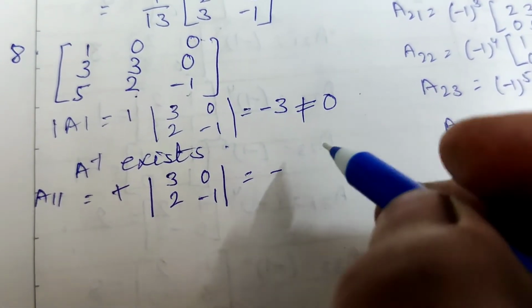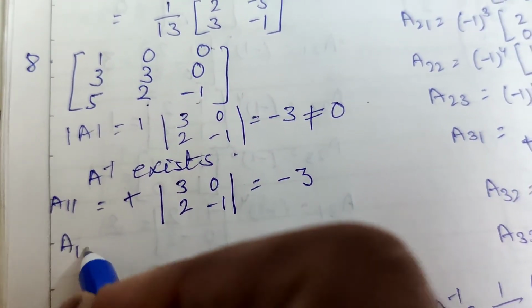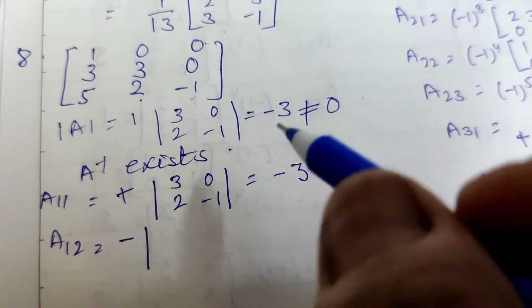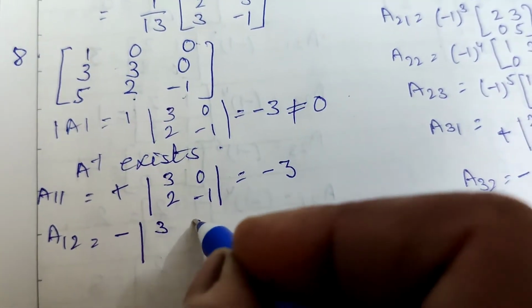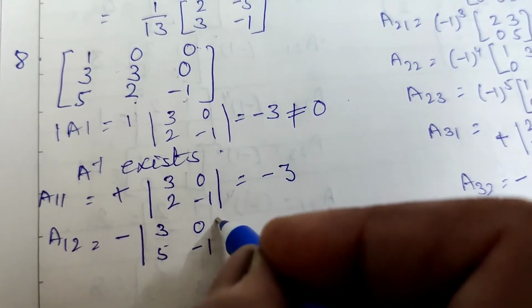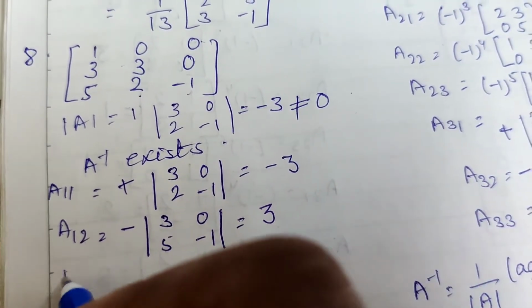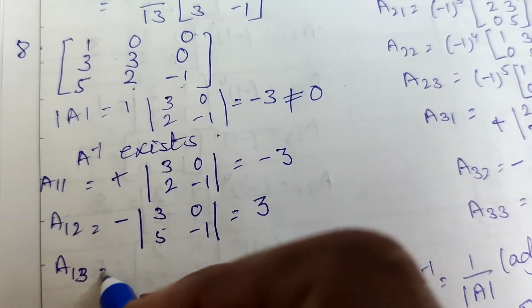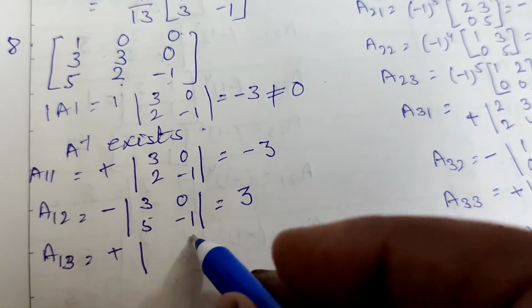It is minus 3. Okay. And A12, minus, first row second column, 0, 2, 0, minus 1. It is also 0.